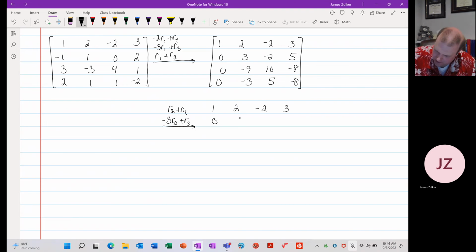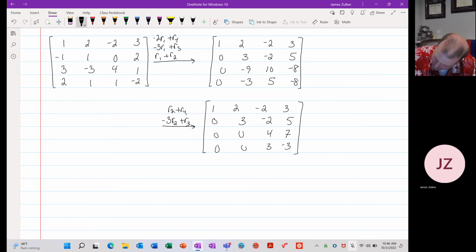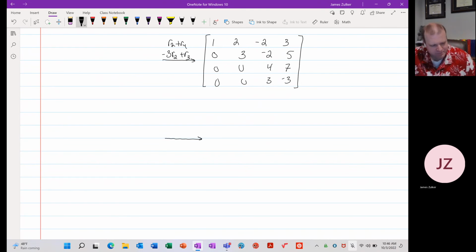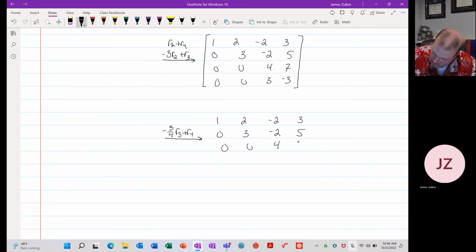And remember to always keep track of what you're multiplying each row by. And finally, negative 3/4 row 3 plus row 4. All right, so there is our U.